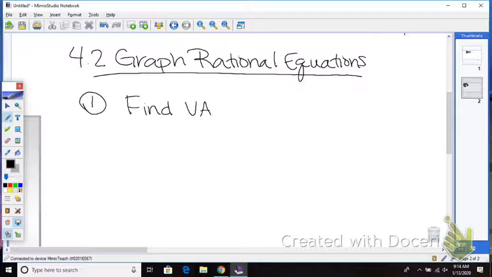Number two, you need to find your horizontal asymptotes. And what do you suppose number 3 is? Find your zeros. Okay, so 1, 2, and 3 we already know how to do.